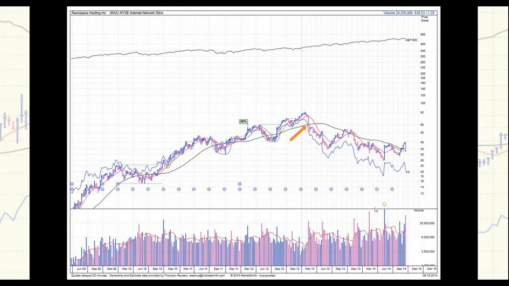So let's go over, we have a few more minutes right here. I just wanted to cover a couple of the screens that are already made for you in MarketSmith, just to make sure you're using them. Okay, so the first thing that everyone should do, especially if you're new to MarketSmith, is use this stock ideas button right here. When in doubt, it's up in the top right hand side.